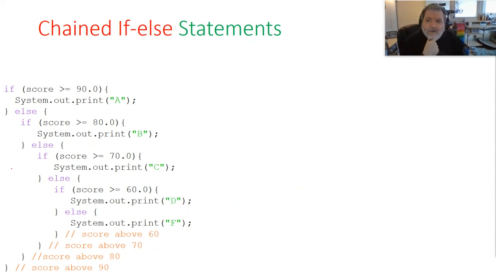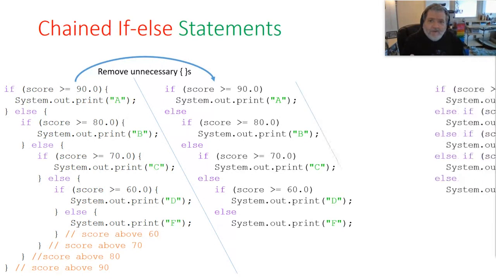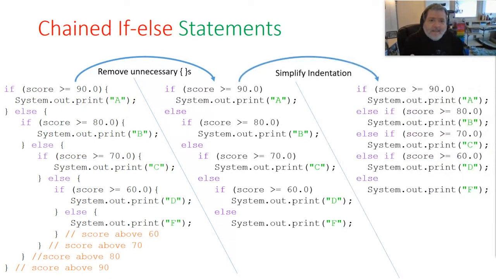It's just that when you have a bunch of if-else statements that cascade with one another, the only thing I want to point out is that in this case, it's even more obvious because I don't need the curly braces, so I can remove all of those extra curly braces. And then I can reindent things so that all the elses are aligning with the first if statement.